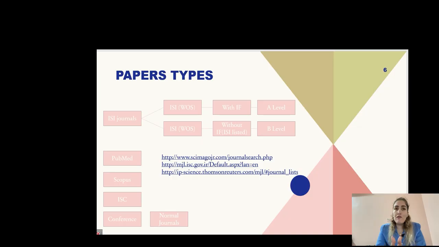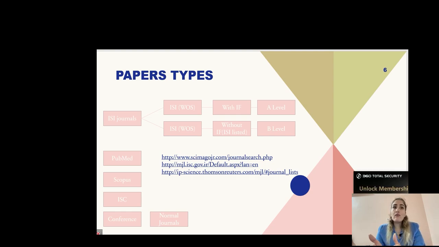For example, if your major is engineering, such as architectural engineering or civil engineering, they divide which is the best journal in this major and which is the lowest, into Q1 to Q4.